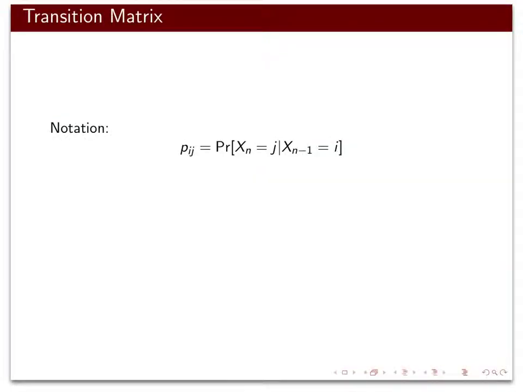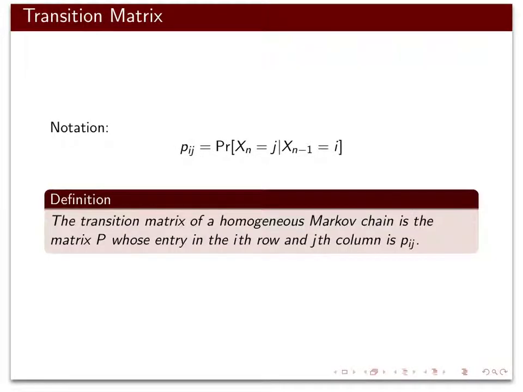Okay, so now let's give some notation, and this is for a time homogeneous Markov chain. Now we can say that the probability that Xn equals j, given that the previous step was i, we can just call this Pij, since this does not depend on n. This also equals the probability that X1 equals j, given that X0 equals i. Then we can think of forming a matrix with the Pij's.